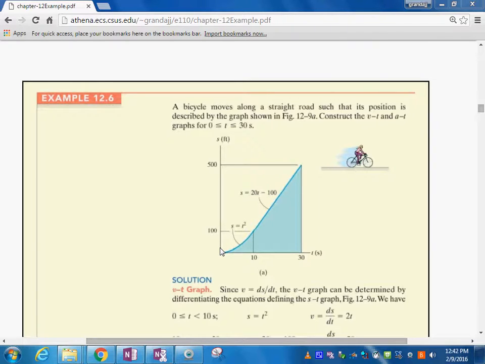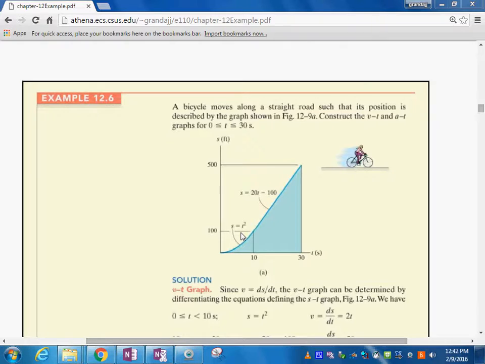And then over here, the change in the position is constant. So you can see that here we are asked to consider that this is a function like a parabola, where s is equal to t squared, and the one over here is a straight line.